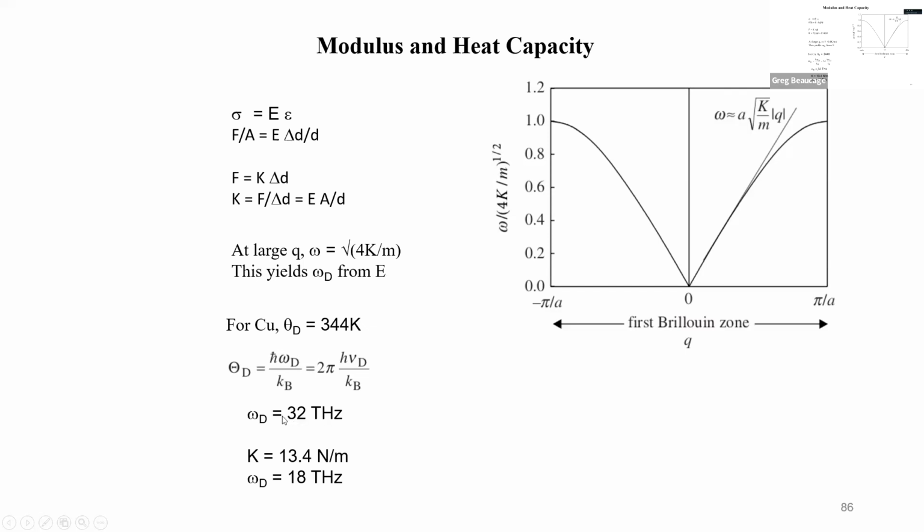And then what do you do? Oh, the frequency is related to K and M, the mass of the, whatever this is, copper. Then you can get K from that. K comes out to be this number. And then you need another size, I guess the size of the lattice spacing, like the a for the crystal.